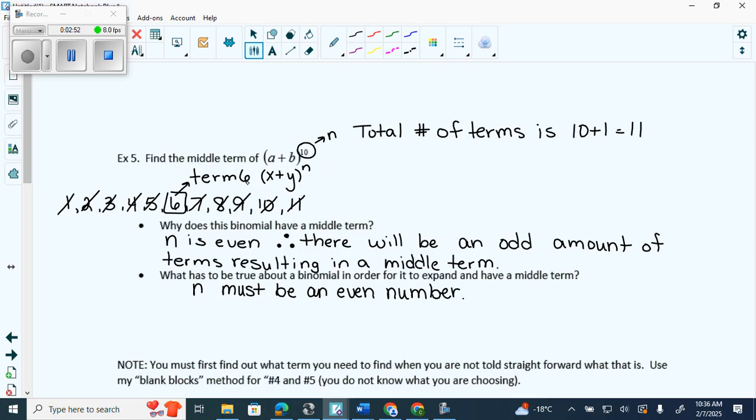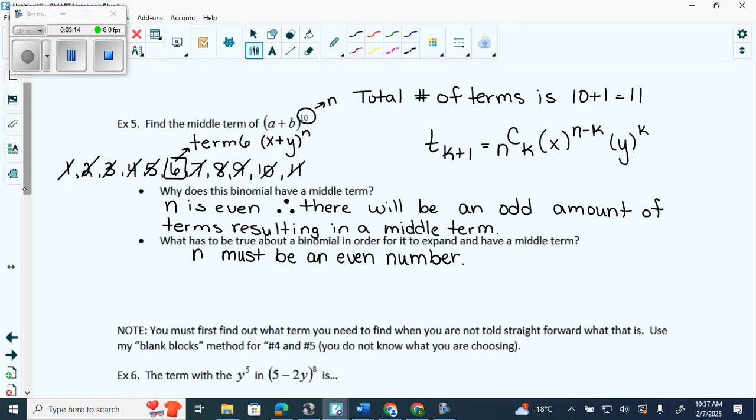So remember our formula is t sub k plus 1 equals n c k x to the n minus k y to the k. So we're looking for term 6.